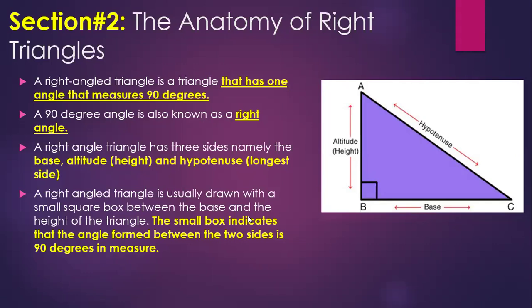The small box indicates that the angle formed between the two sides is 90 degrees in measure. Very good. So what does the small box mean? It indicates that this is 90 degrees. All right. Do you understand that? Yes, sir.